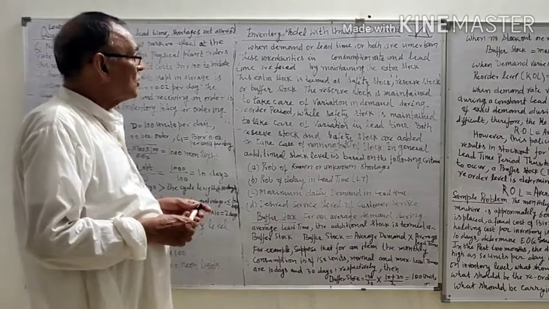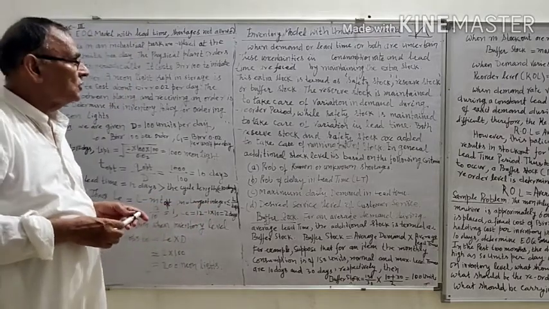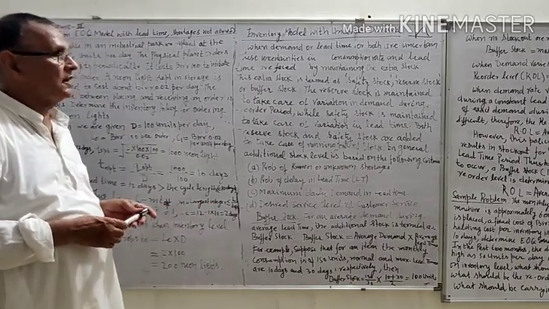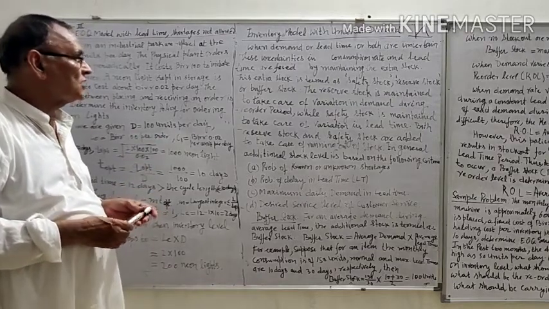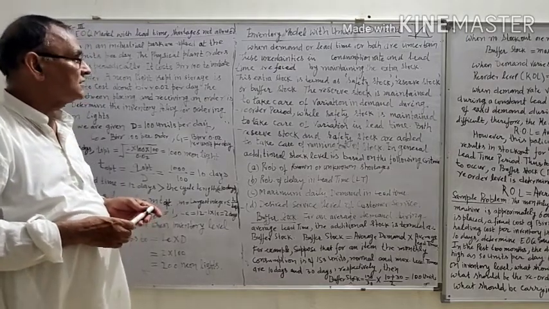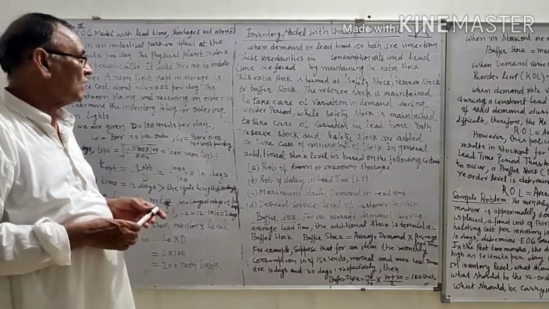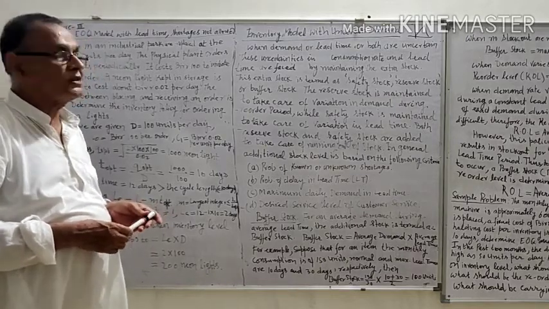The reserve stock is maintained to take care of variation in demand during the reorder period, while safety stock is maintained to take care of variation in lead time. Both reserve stock and safety stock are added to take care of running out of stock.